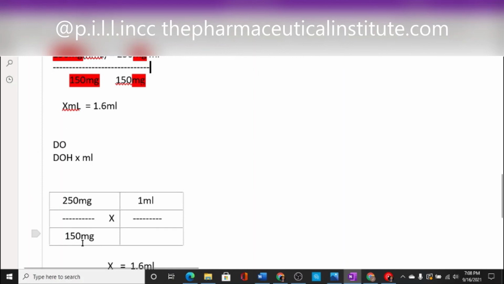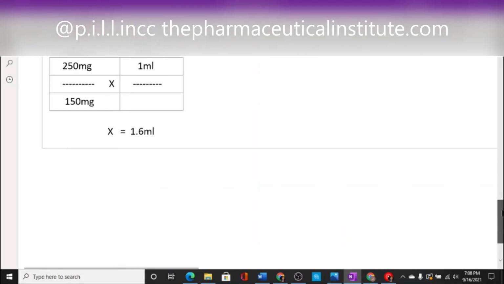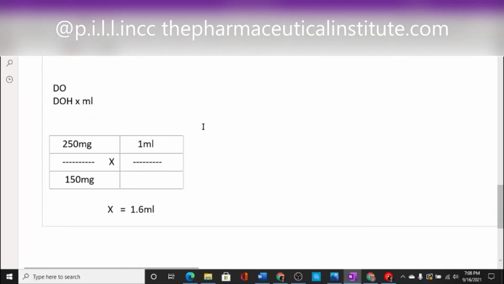Dose on hand, 150 milligrams times 1 milliliter, our single dose concentration. We multiply across our numerators, and we yield the exact same answer. But notice how it was much simpler with our shorthand formula, dose ordered over dose on hand times 1 milliliter. Still equals 1.6 milliliters.